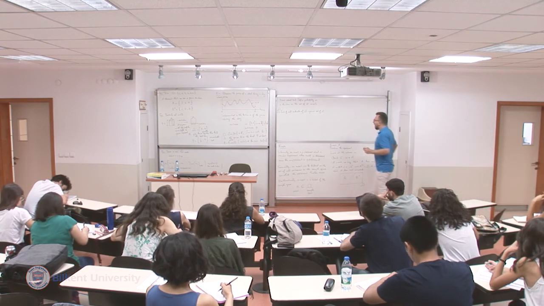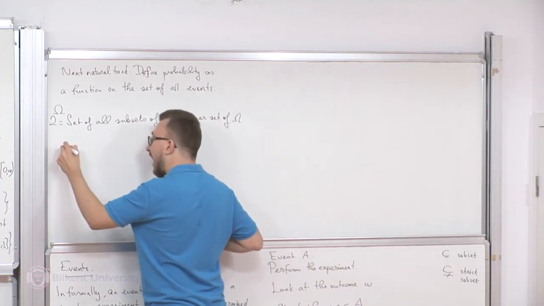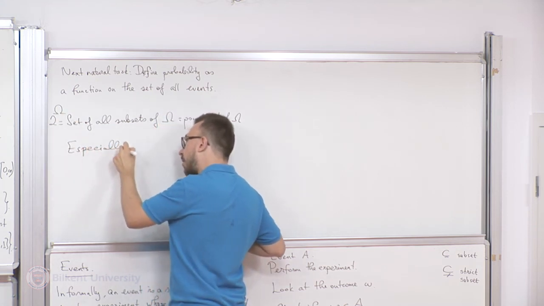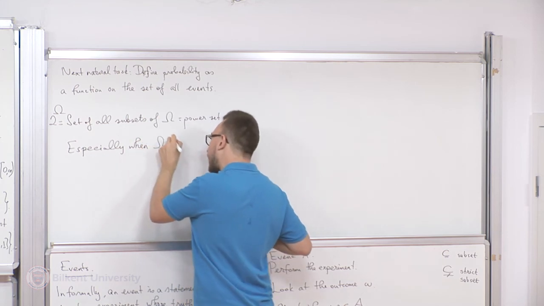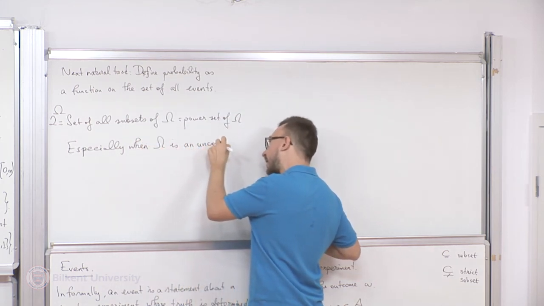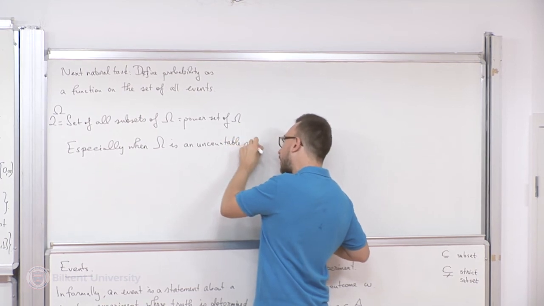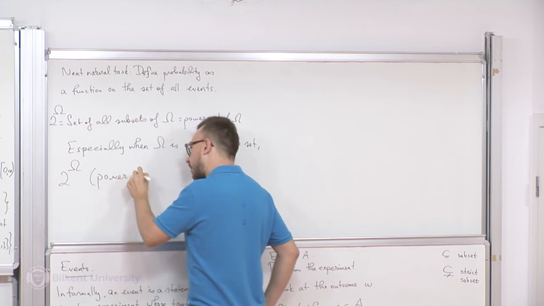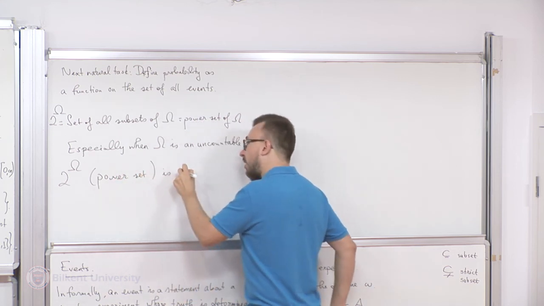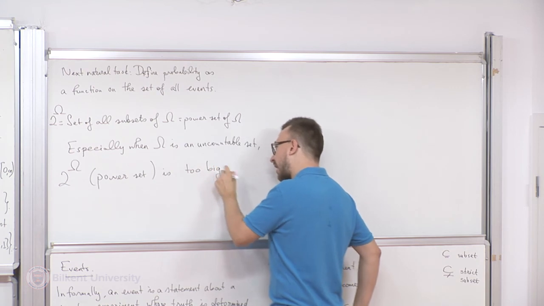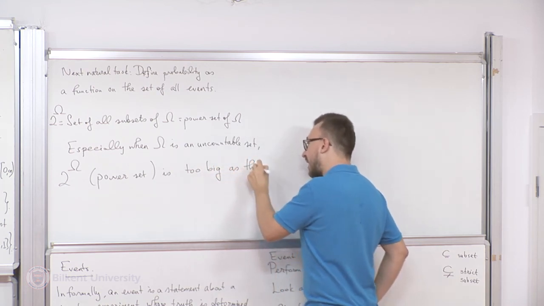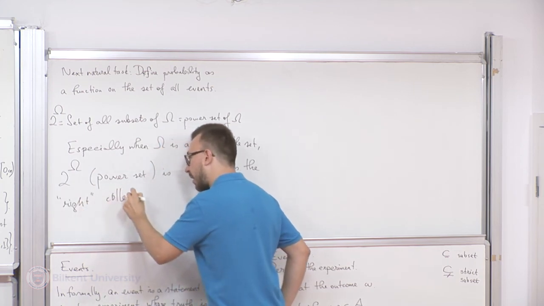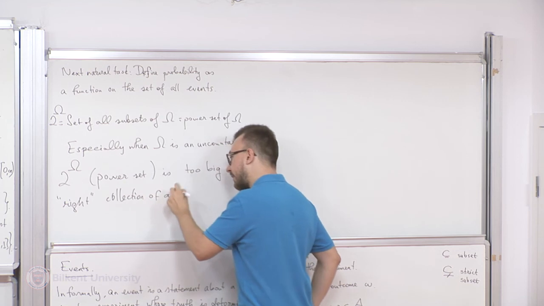But for infinite sets, especially when omega is an uncountable set, 2 to the omega, the power set, is too big as the right collection of all events.